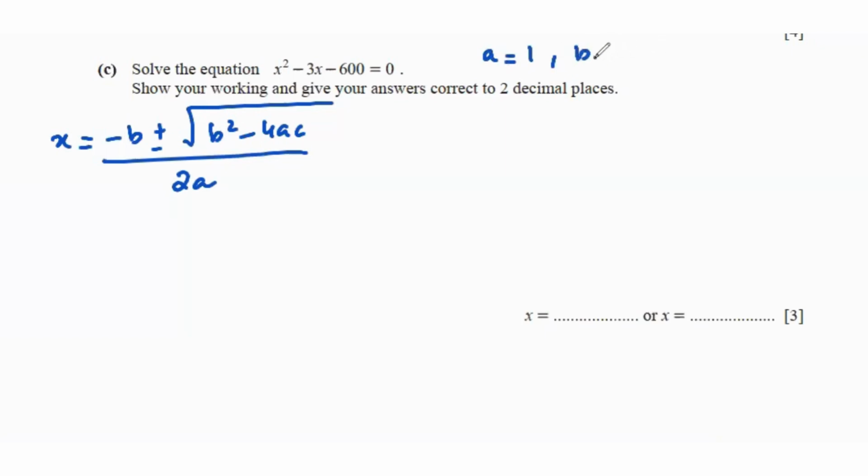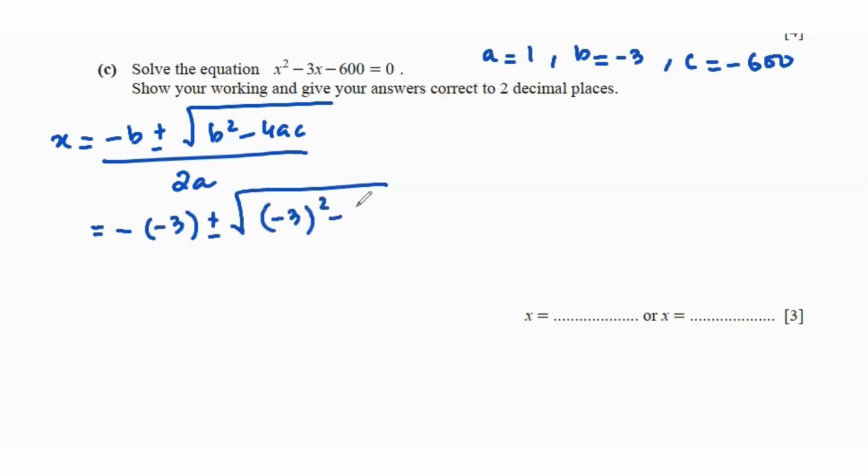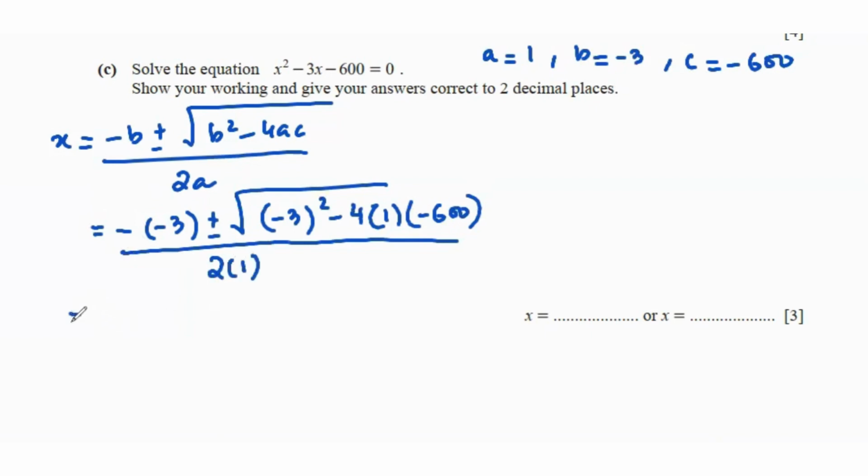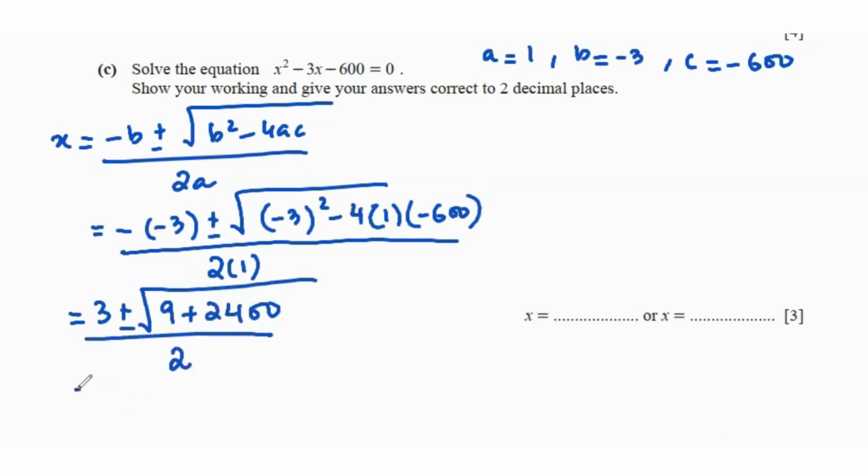B is the coefficient of x, which is going to be negative 3. And C is the constant, which is negative 600. That's going to be minus negative 3 plus minus square root of negative 3 squared minus 4 times 1 times negative 600 over 2 times 1. That's going to be 3 plus minus 9 plus 2400 over 2.